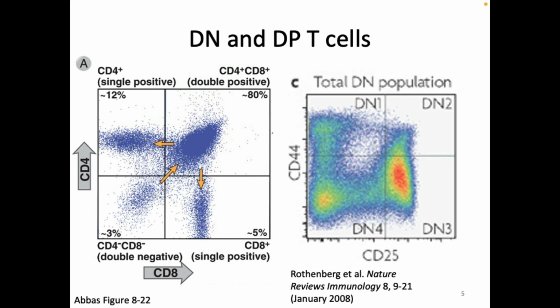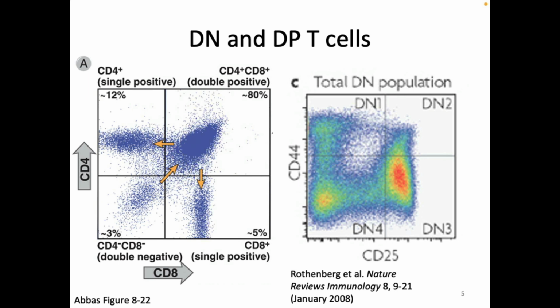The 4 populations that we see in the thymus are this population that are negative for both CD4 and CD8. They're usually referred to in this case as the double negatives. We have CD8 positive, CD4 minus, which are single positives. We have CD4 plus, CD8 minus, which are the CD4 single positives. And we have CD4 plus, CD8 plus, which are known as the double positives.